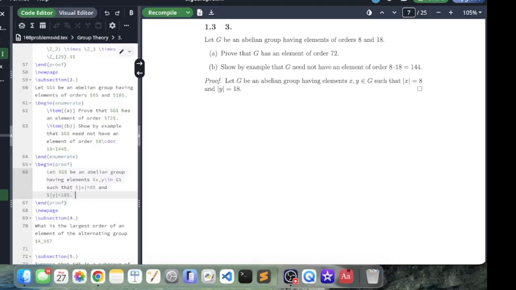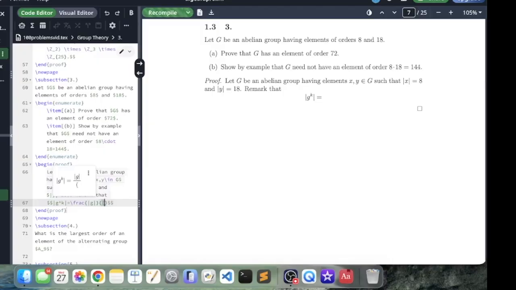A standard fact about elements from any group, potentially not even finite, is this remark: the order of any element from a group raised to some power is equal to the order of that element divided by the GCD of the order of that element and the power.